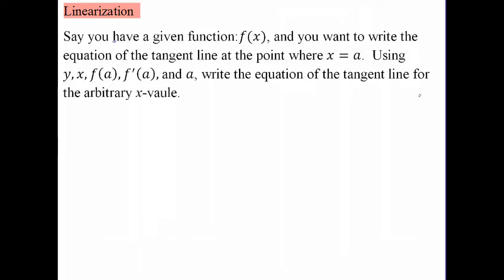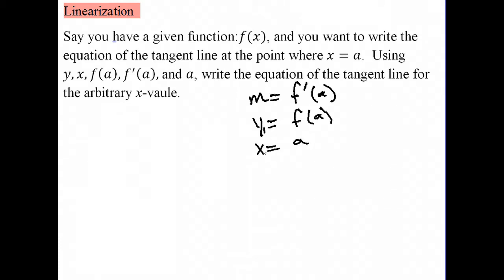Well, we're going to do the same process. We know that the slope is just going to equal f prime evaluated at a. Our y value is going to equal f of a, and our x value is just going to equal a. And this is the x value and y value of our given point.